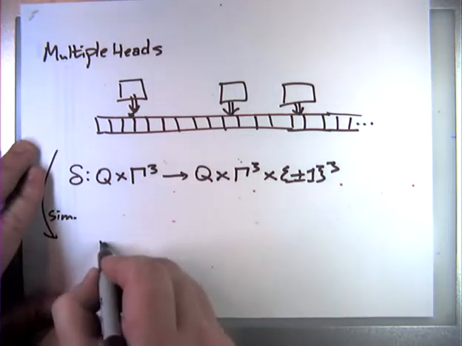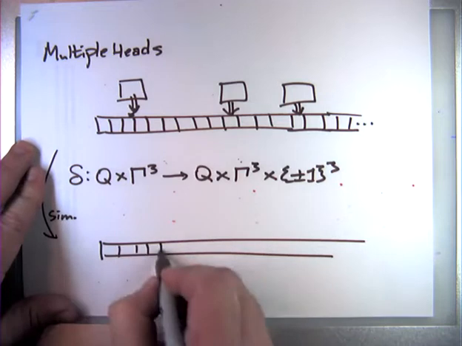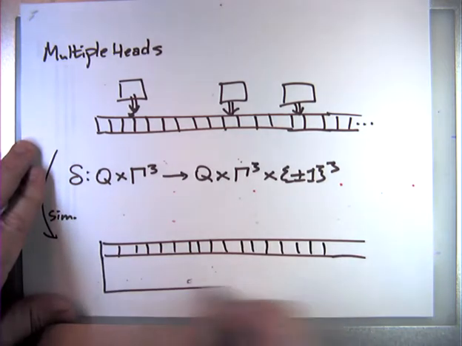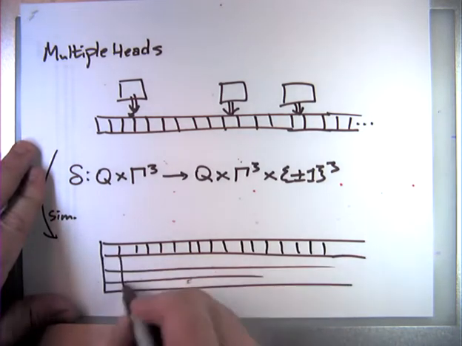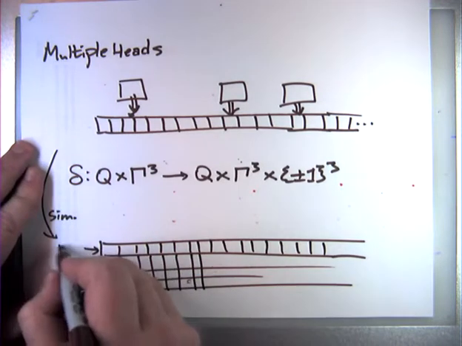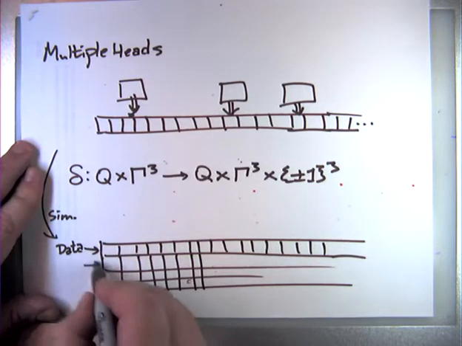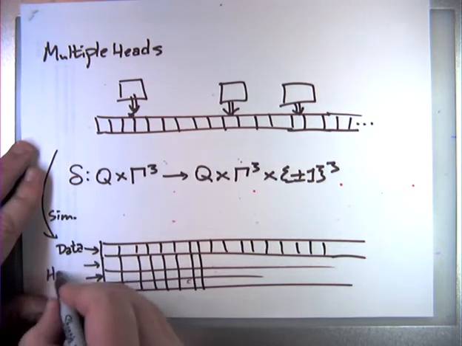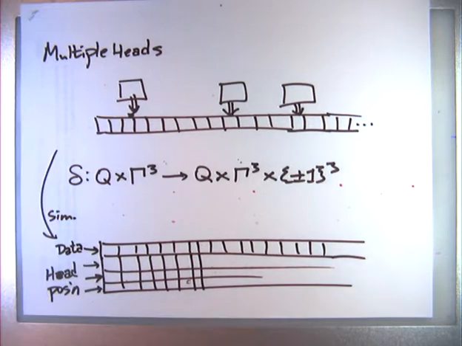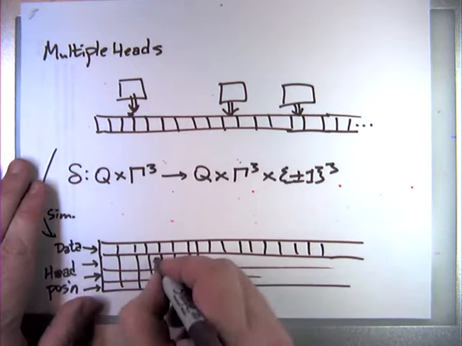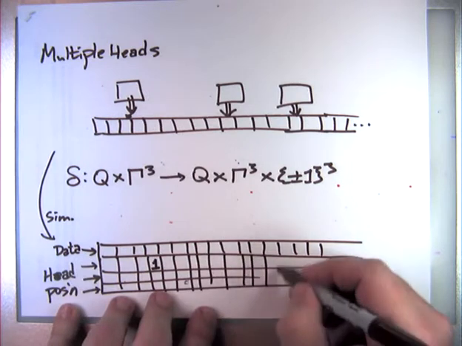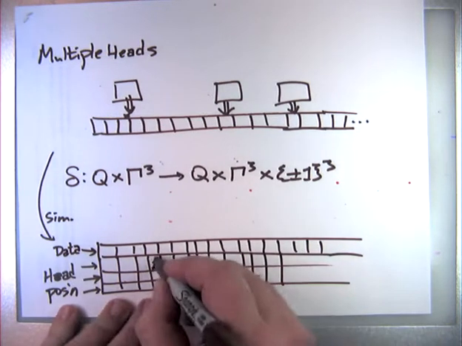Okay, so I'm going to have a tape, but that tape is going to have 4 tracks. This track is where I'll actually store the data, and these are the tracks that record head positions. So head 1, I'm going to mark on track 2 with, well, maybe just a little up arrow.